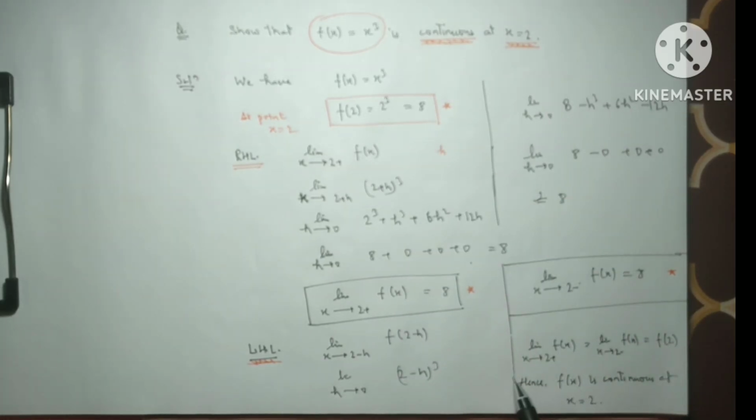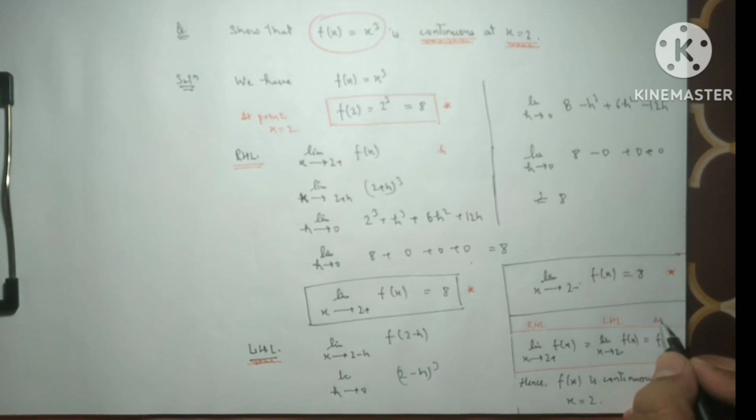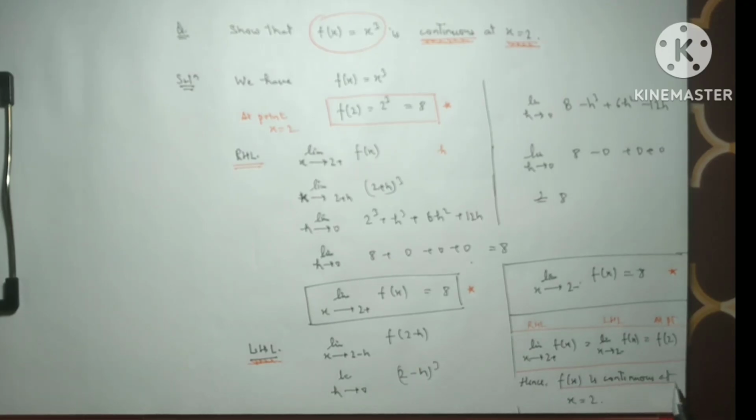So all the three values are equal: right hand limit, left hand limit, and the value at the given point. So if all are equal, then we can say surely it is continuous at this point. So this is the answer, and this is very simple.